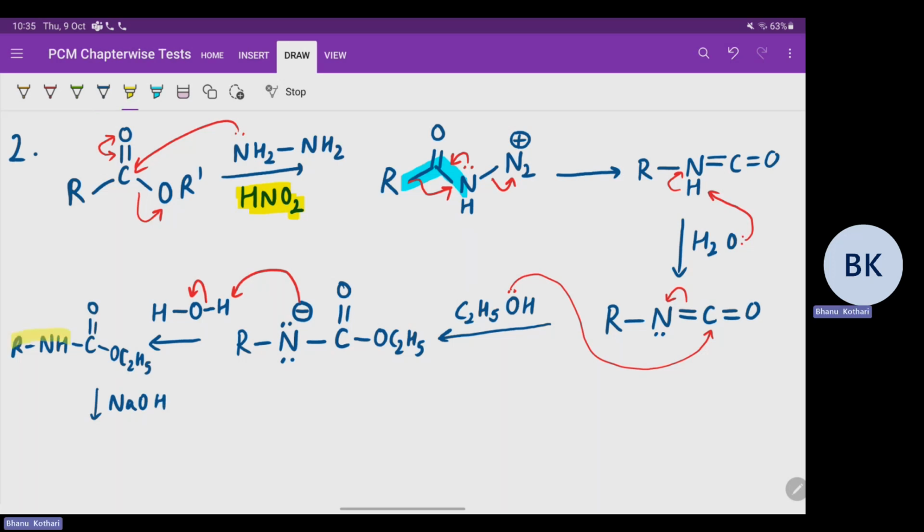This RNH part will give us an amine, RNH2, and this COOC2H5 part will get hydrolyzed to water and CO2 along with C2H5OH.